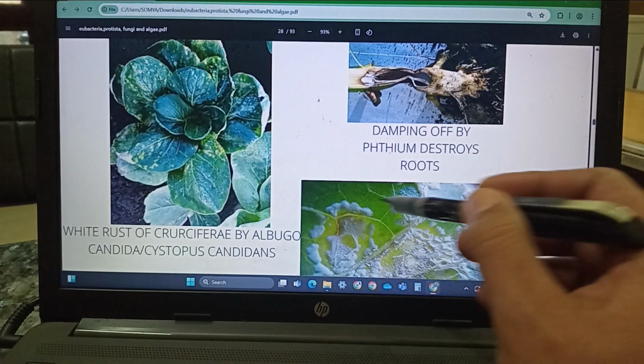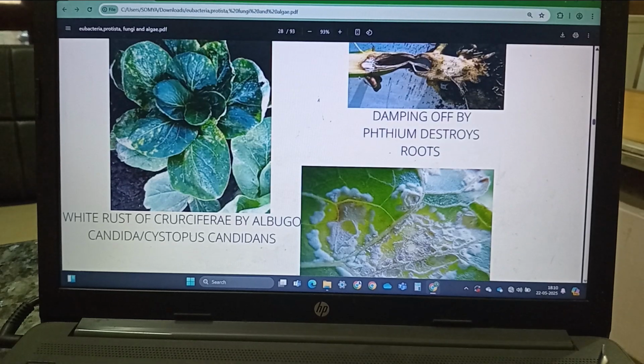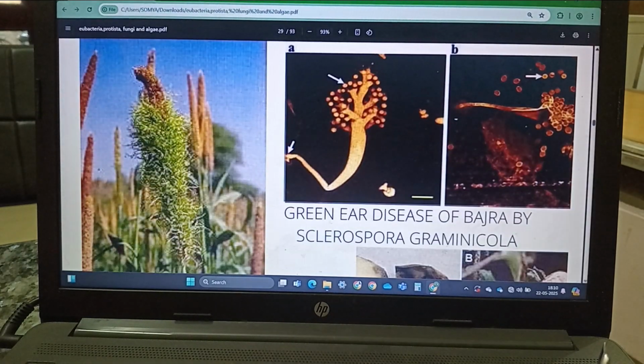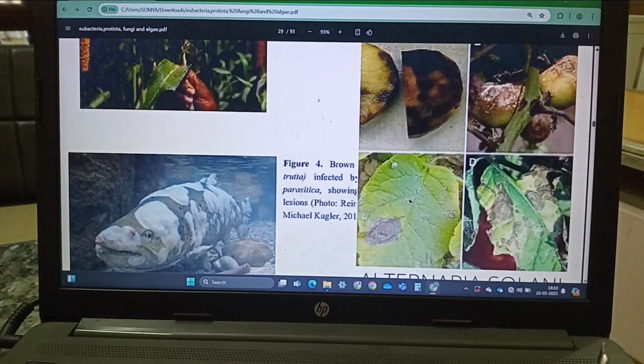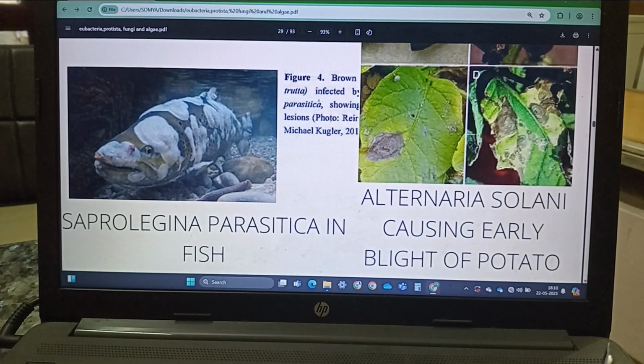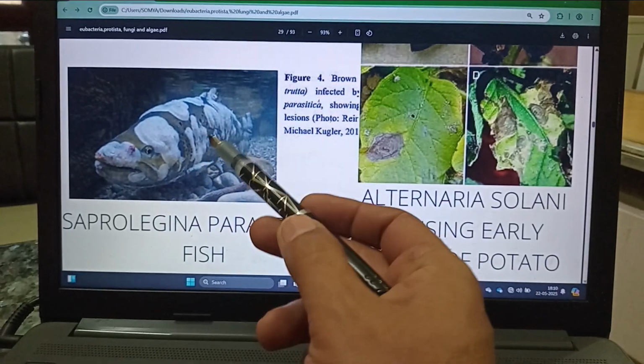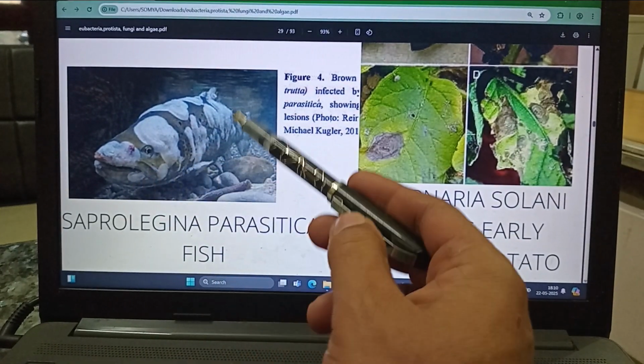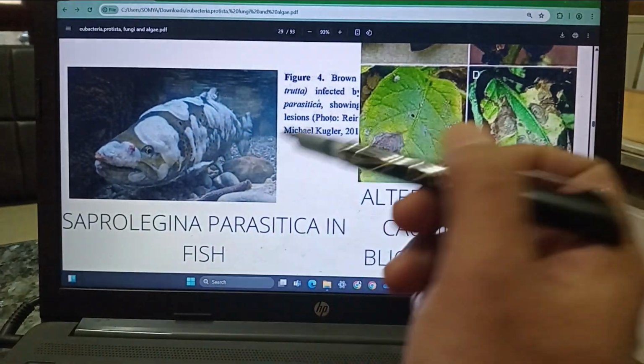The leaves have whitish patches caused by Albugo candida. Some of the Oomycetes cause infection in fish, that is salmon.